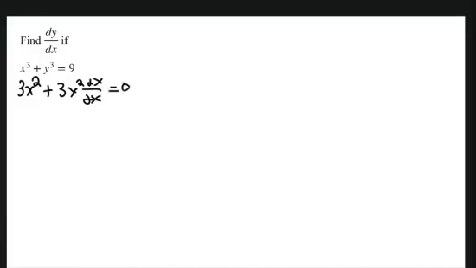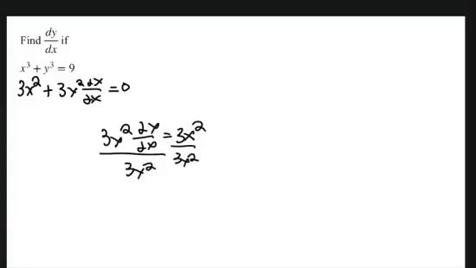And now we solve for dy/dx, so we subtract 3x squared from both sides. And then we divide by 3y squared. So our final answer is negative x squared over y squared.